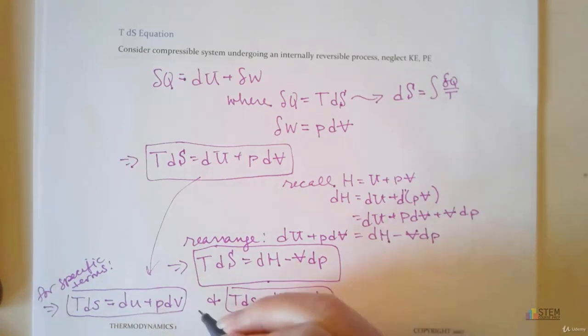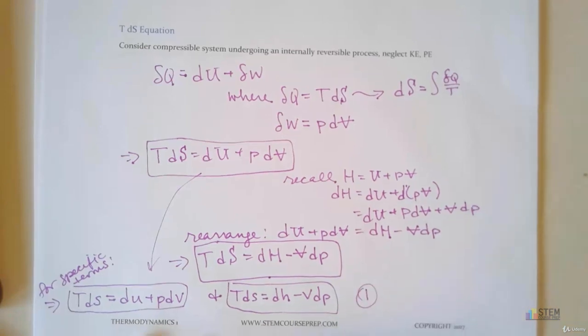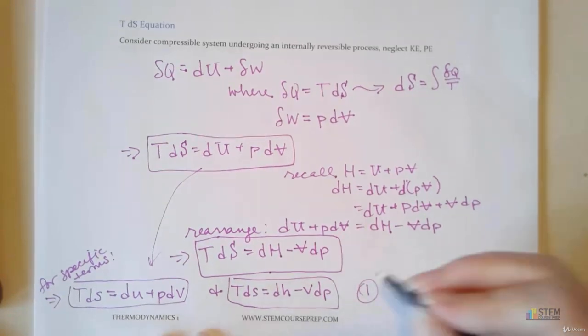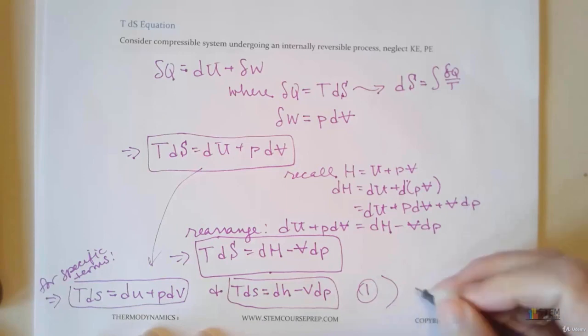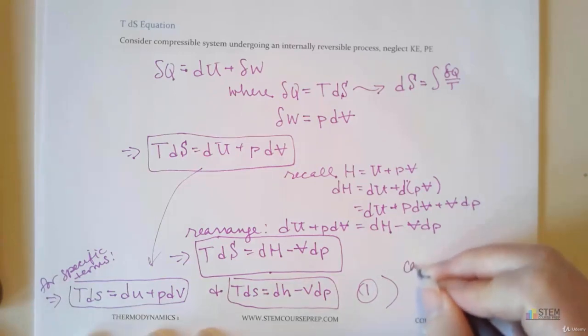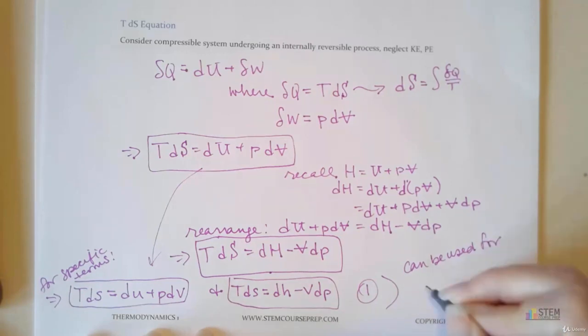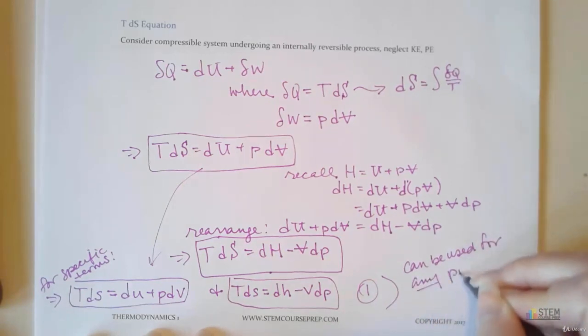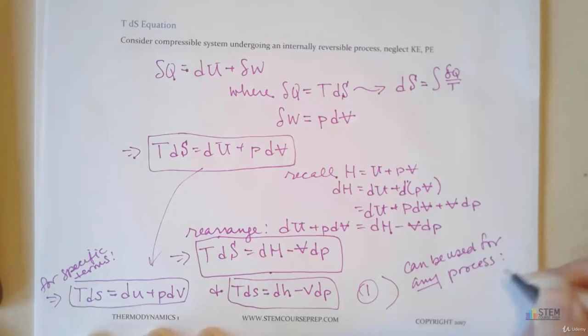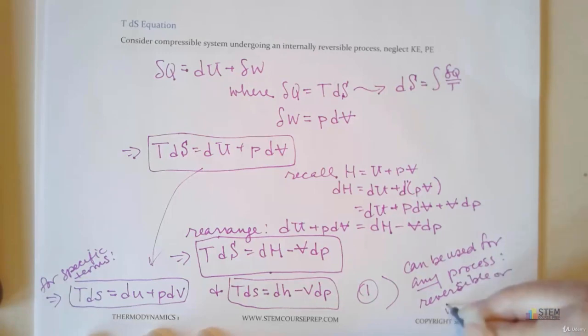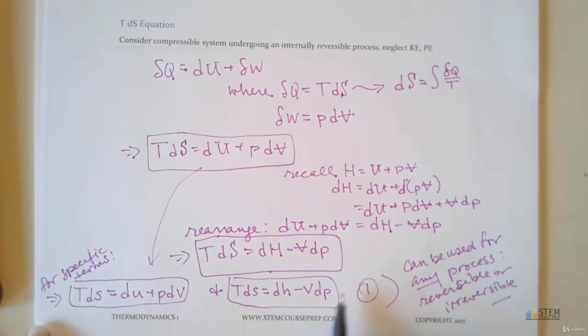And let's call both of these equation 1. Now these equations that we just did can be used for any process. And by any process, I mean it can be reversible or irreversible. So it's not one or the other. You can use it for both. And that goes for these.